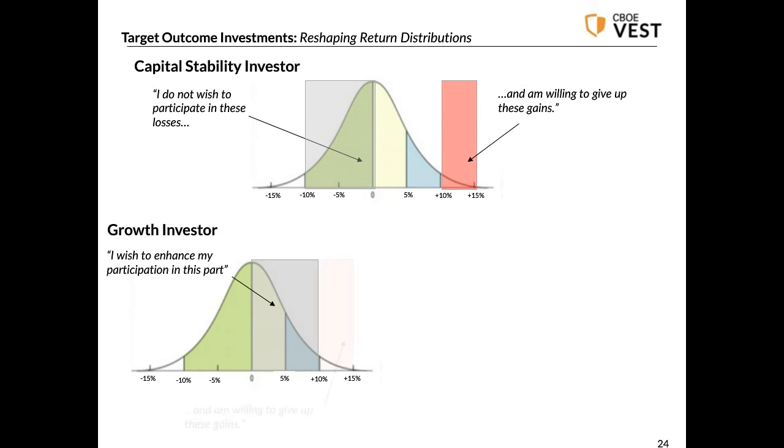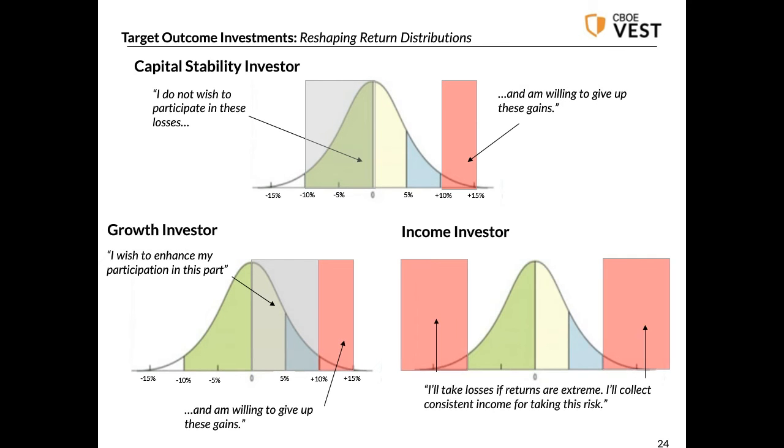So we can also think of this, in terms of the different types of investors, as the fact that they might want to be targeting particular parts of the return distribution. So, for example, a capital stability investor might be willing to give up some upside gains in exchange for having less participation in losses in the blue area of the distribution. A growth investor might want to have greater participation or amplified returns in a moderate return market and be willing to give up those very high returns when the market is going up, soaring 20, 30%.